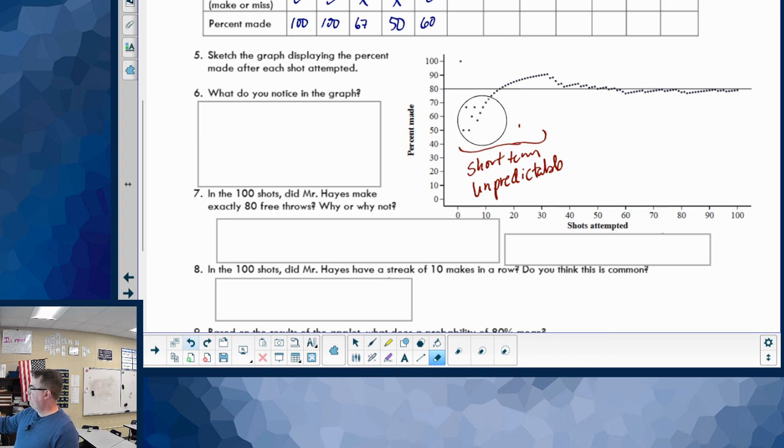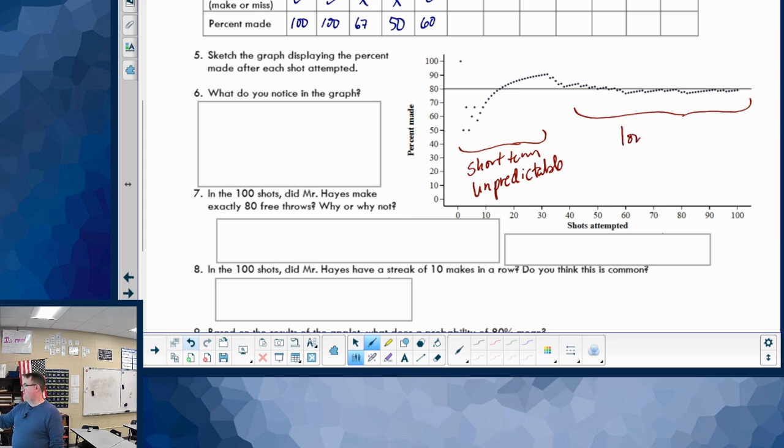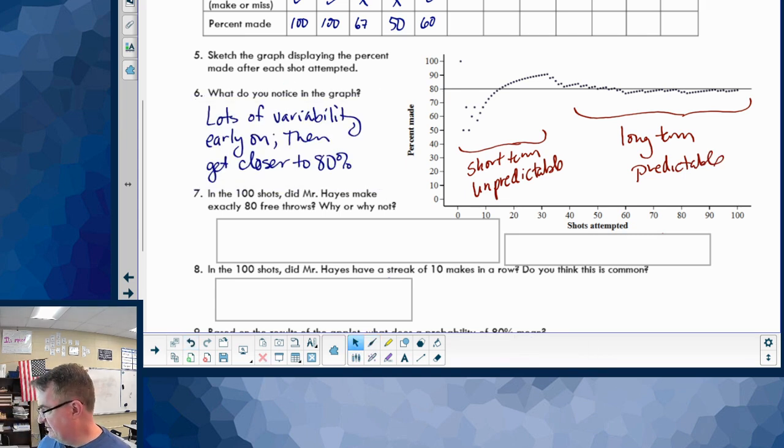But as we got further and further on, in the long term, it got predictable. So this is basically going to say the same thing I have there. Lots of variability early on. You're bouncing around because you have an 80% chance of making it. But the further you go, the closer and closer to 80% you're going to hit.